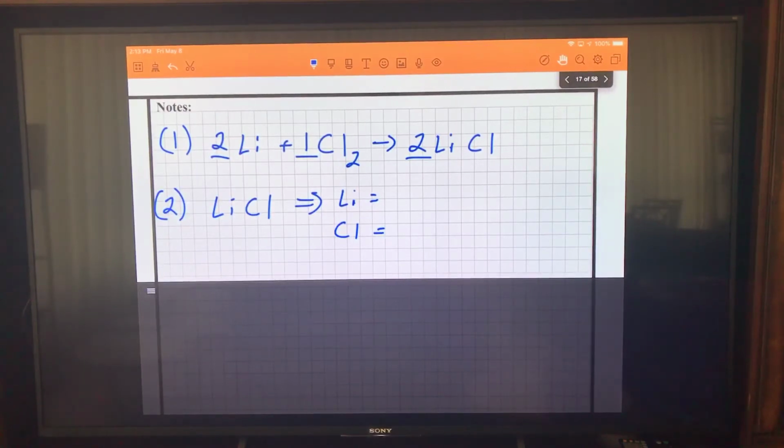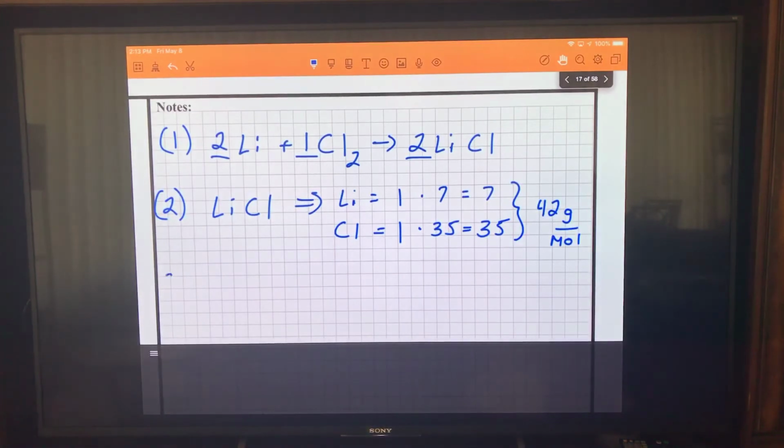All we do is go to the periodic table and put together the pieces and parts. In this case, we have 1 lithium, 1 chlorine. Multiply by their atomic weights, 7 and 35. We add those 2 together and get 42 grams per mole.